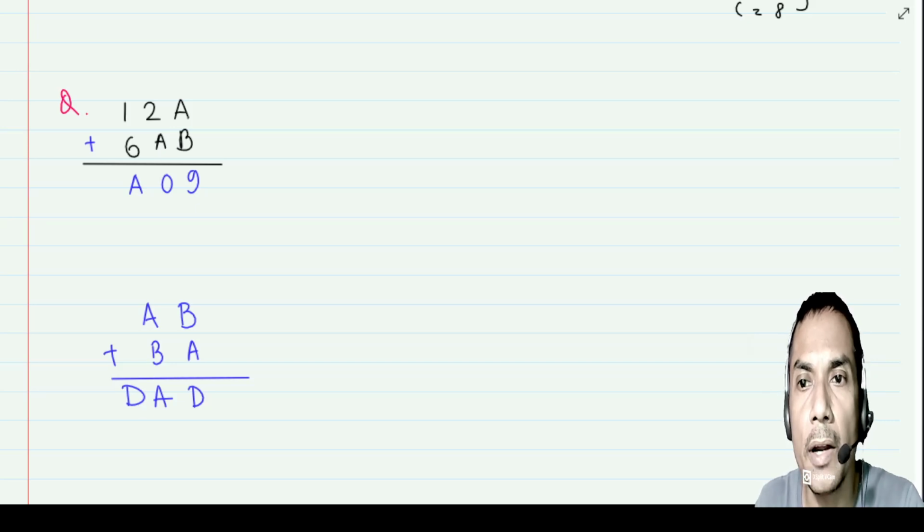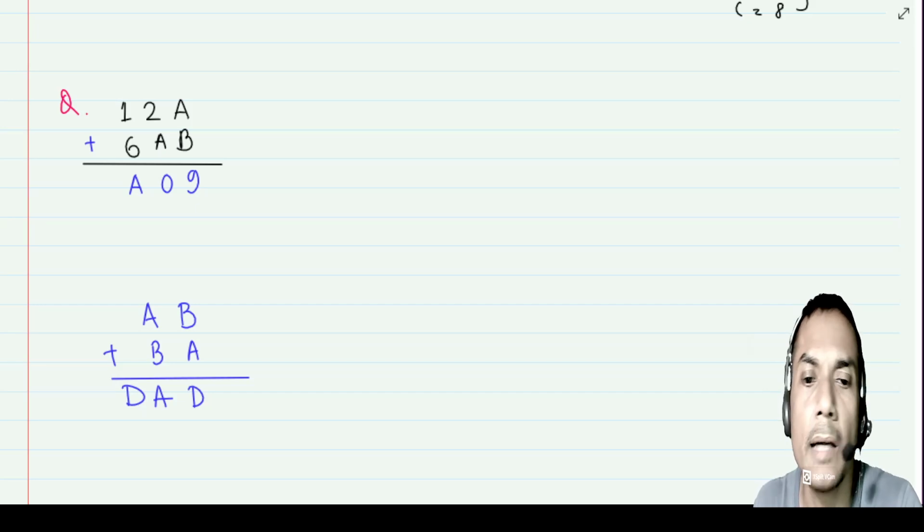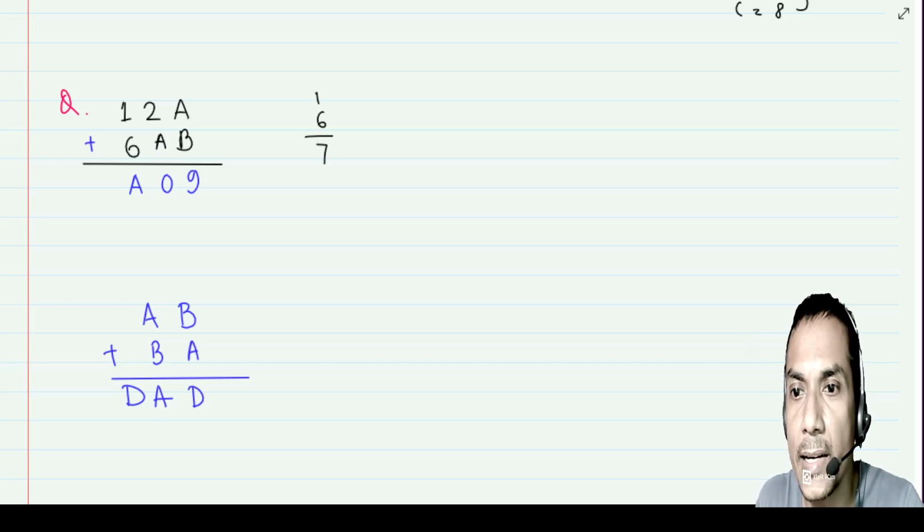So we have to find out what clues are given. Look, here 1 and 6 are given, so easily we find out the A. So simply there are two possibilities for A. What are those? If we add 1 plus 6, we simply get 7. So this 7 is possible, correct?